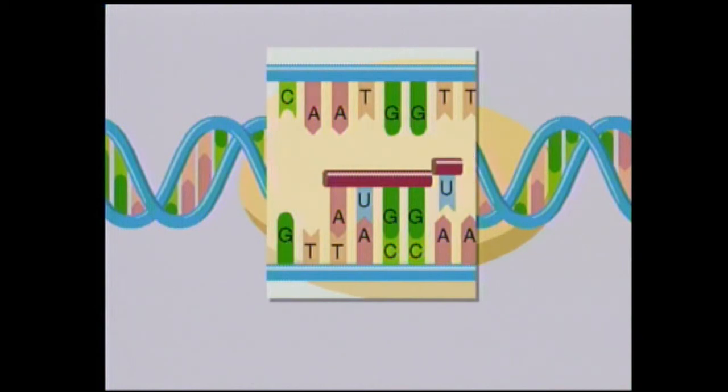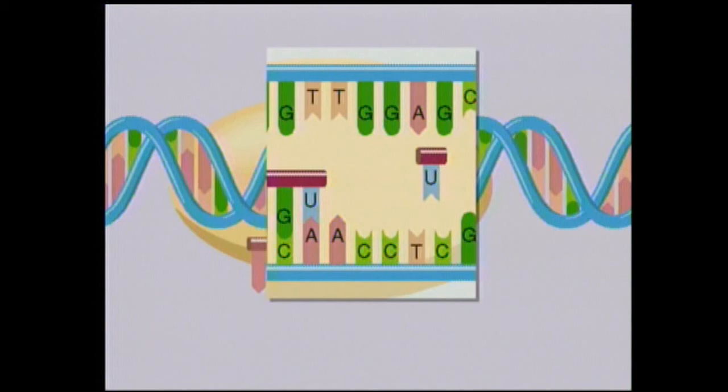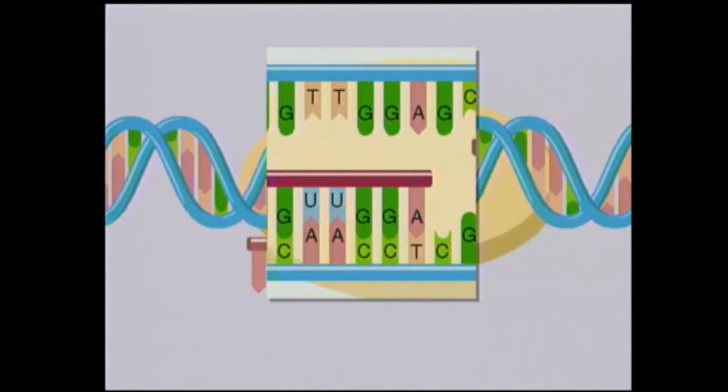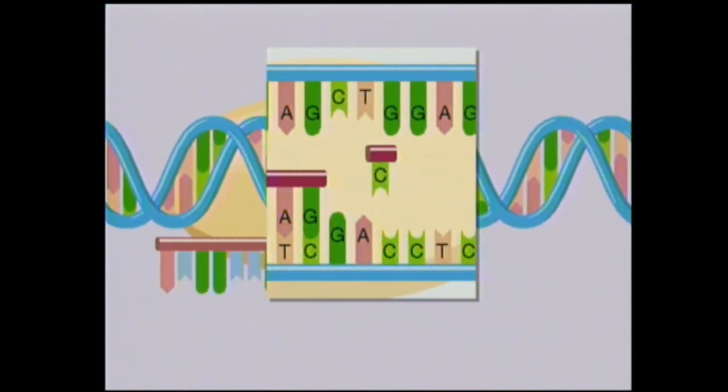Recall that RNA contains uracil instead of thymine. Therefore, uracil pairs with adenine on the DNA strand. Transcription continues. A pairs with T on the DNA strand. C pairs with G, and U pairs with A.